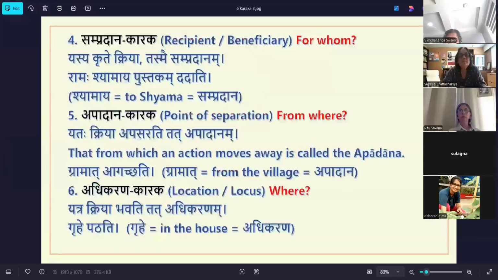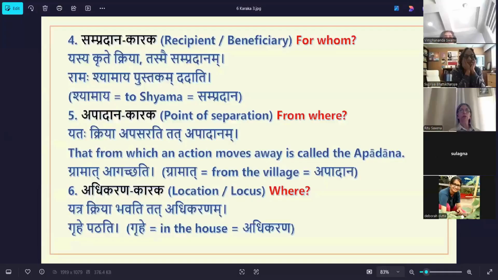Fourth is called sampradana karaka. You know dan, then from dan pradan, is it not? You say, you know, dan pradan. So similarly here sampradana. Sampradan karaka. All these are prefixes.